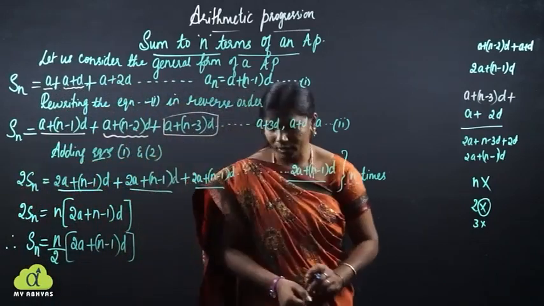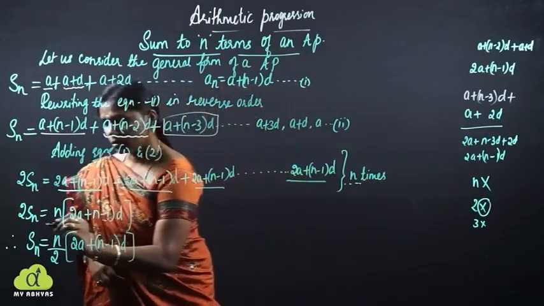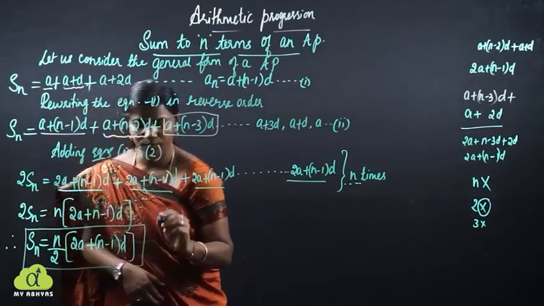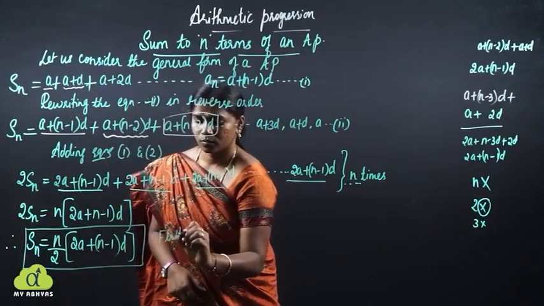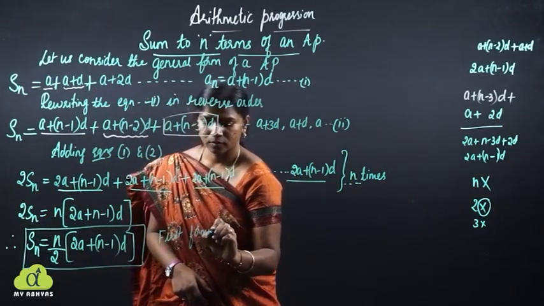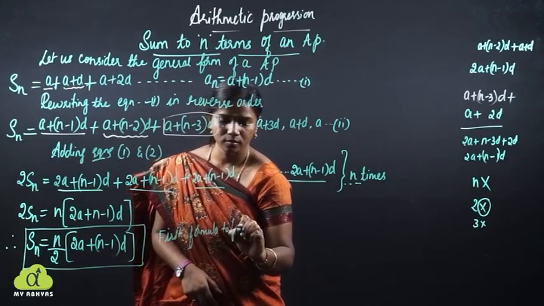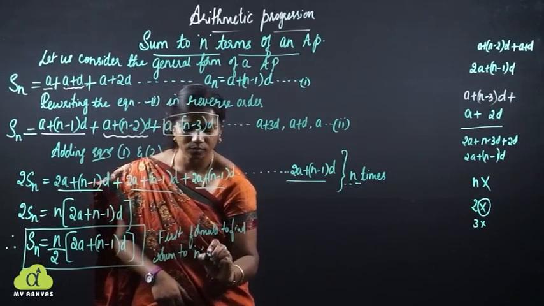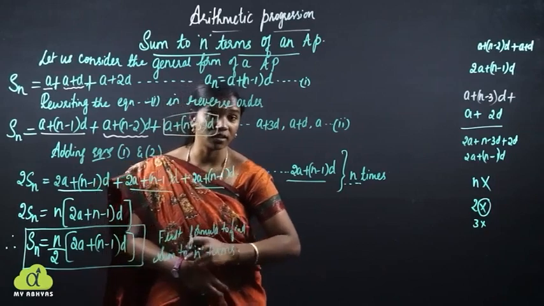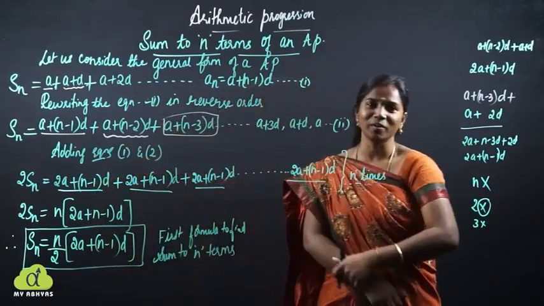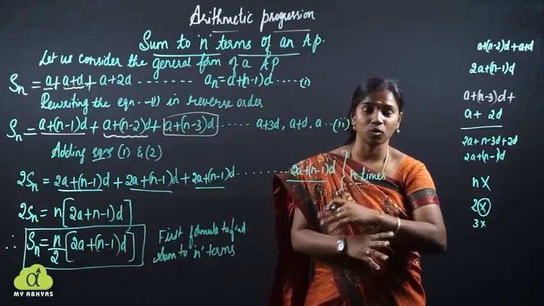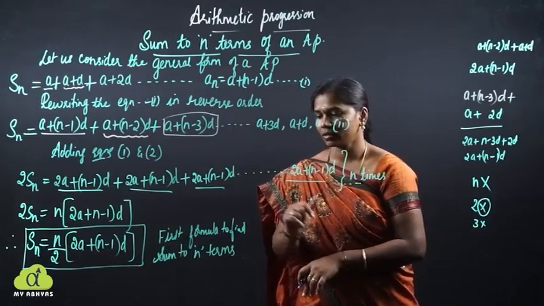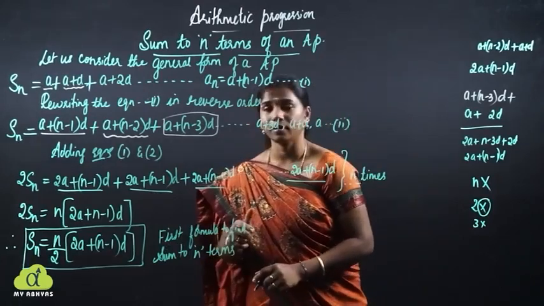So this we can call the first formula to find the sum to n terms. Now you are worrying, madam is going to derive so many formulas because I have written first formula. Don't worry, I am not going to derive so many formulas here. From this only we are going to get one more form of it. So first you write down till here.